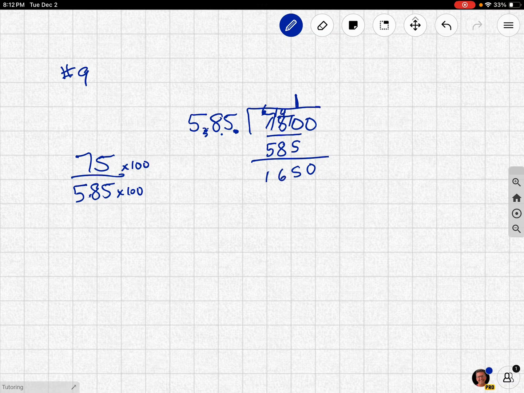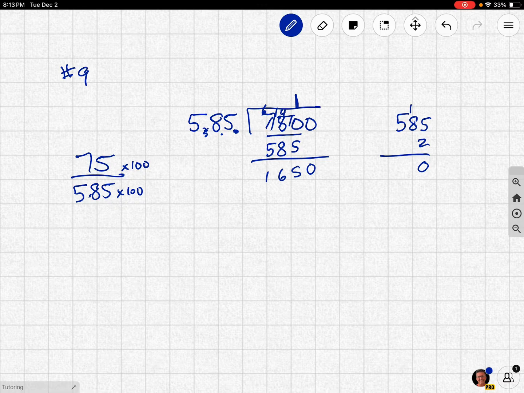Now we're at 1650 divided by 585. You're going to have to guess and check at this point. 585 is almost 600. 600 times 3 is 1800. I think that's going to be too big. 1650, it's going to be too close to 1800. It's probably going to be at least 1700 if I multiply that by 3. So let's try 585 times 2.